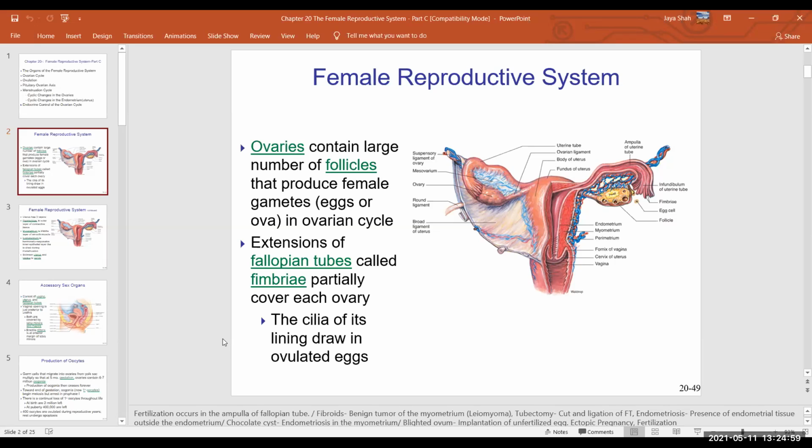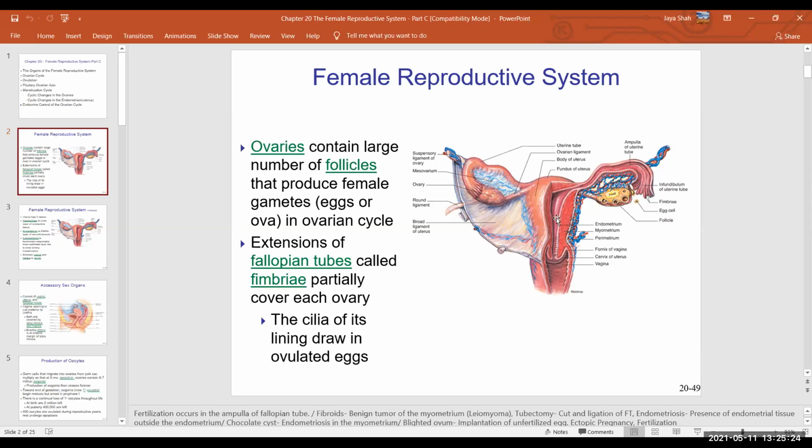Now, if the egg is fertilized here and moving, then it comes inside. On the way, immediately after fertilization, the cells start division, multiplication by mitosis, and they form the morula, and then they come here and implant on the uterus.